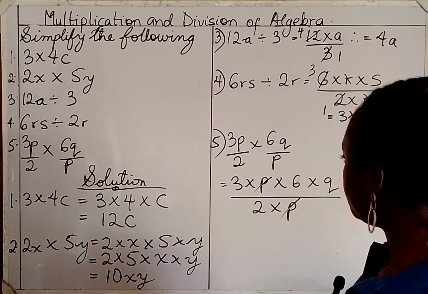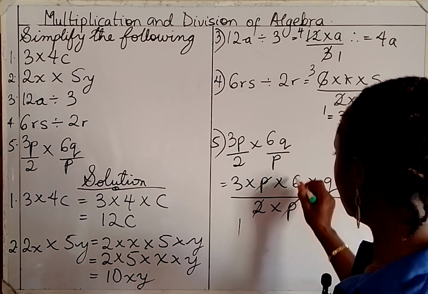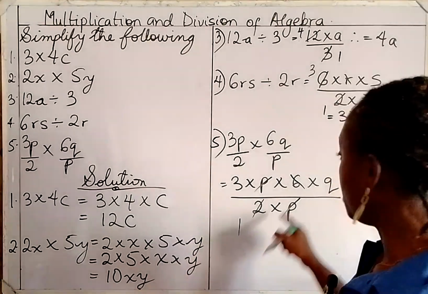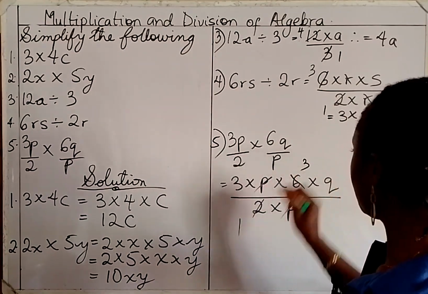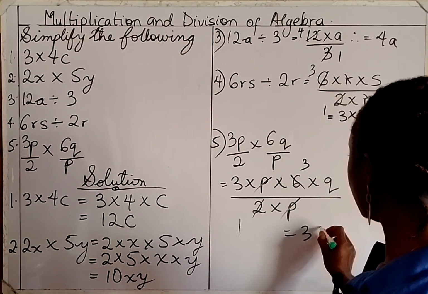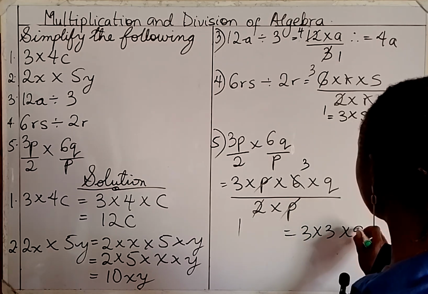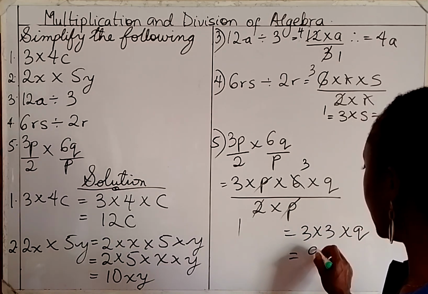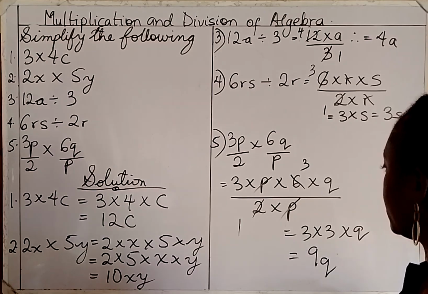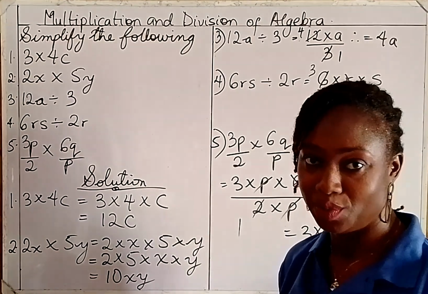P cross out p. 2 into 2 is 1, sorry. And 2 into 6 is 3. So we have 3 times 3 times q. 3 times 3 is 9. And then q. So the answer is 9q.